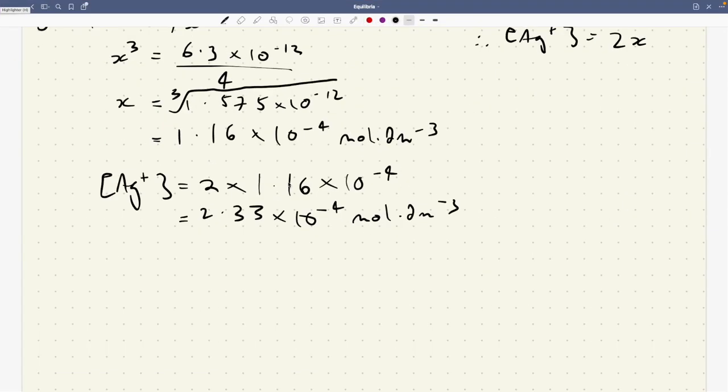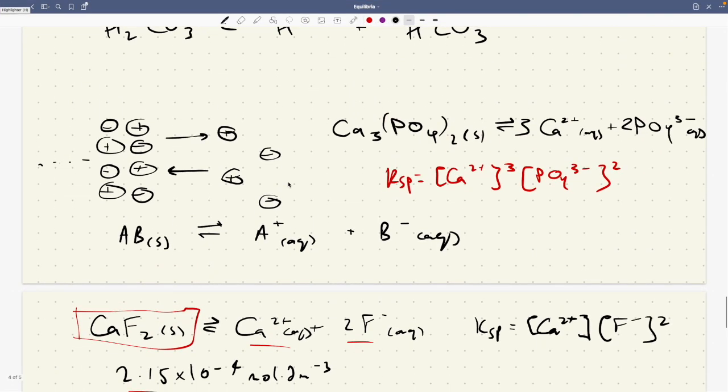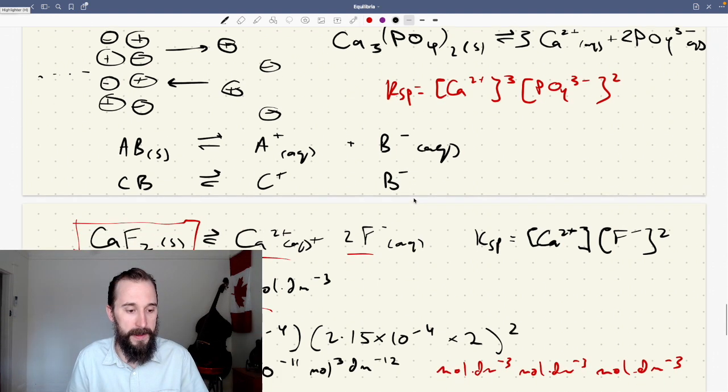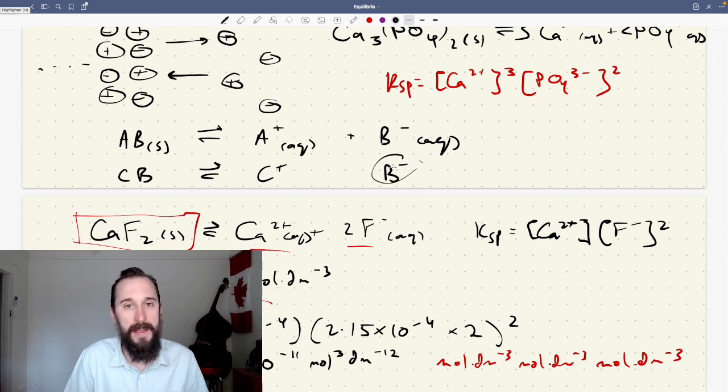So what this is saying is if we've got our solubility product here, but let's say I chuck in another salt there, which is CB, and then I've got C plus ions and B minus ions. Well, they're the same kind of B minus ions, aren't they?